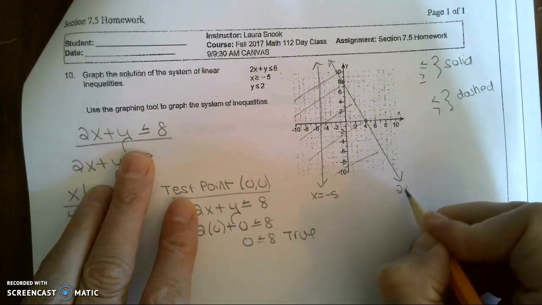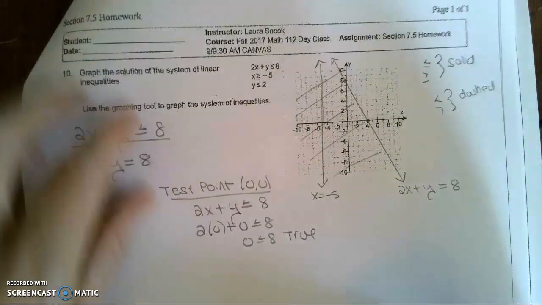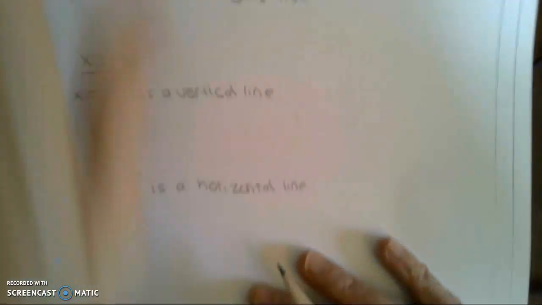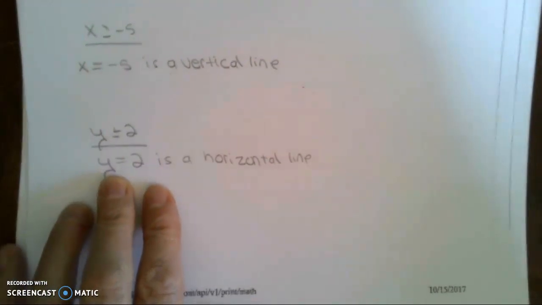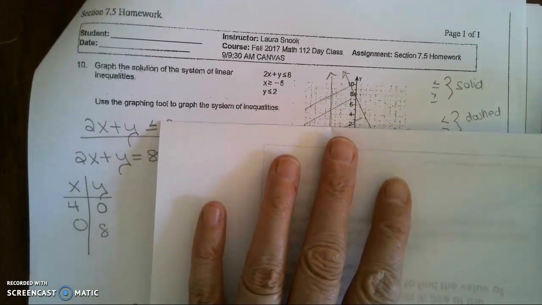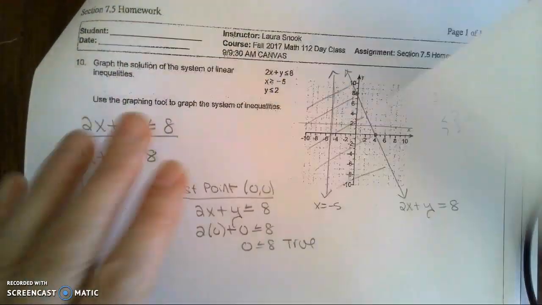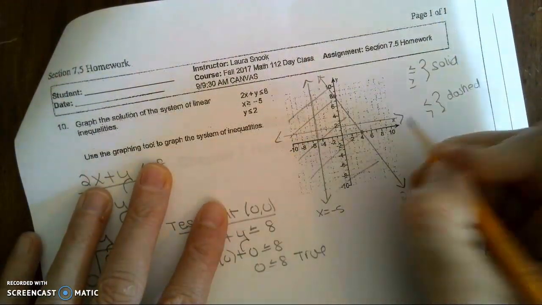Here's the other one. And then the other one is a horizontal line going through 2. So I'm going to graph that one while I'm at it too. Kind of messy there.